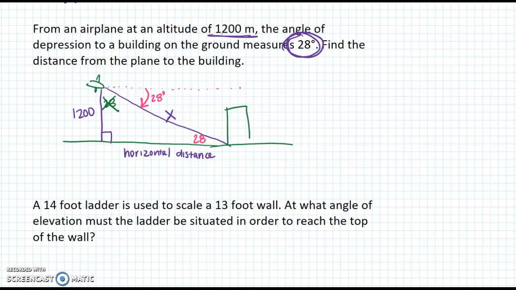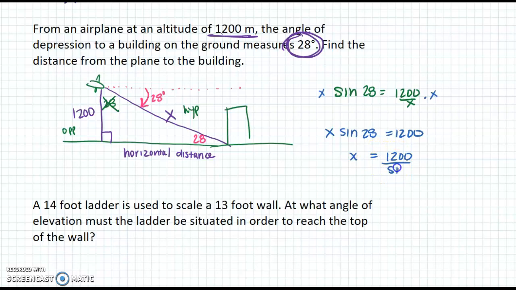So let's think about this. We have an opposite side and we have a hypotenuse. So this is again a sine. So we have the sine of 28 equals 1200 over x. This is one of those times when I have to multiply to get rid of the fraction, and then divide by the sine of 28.